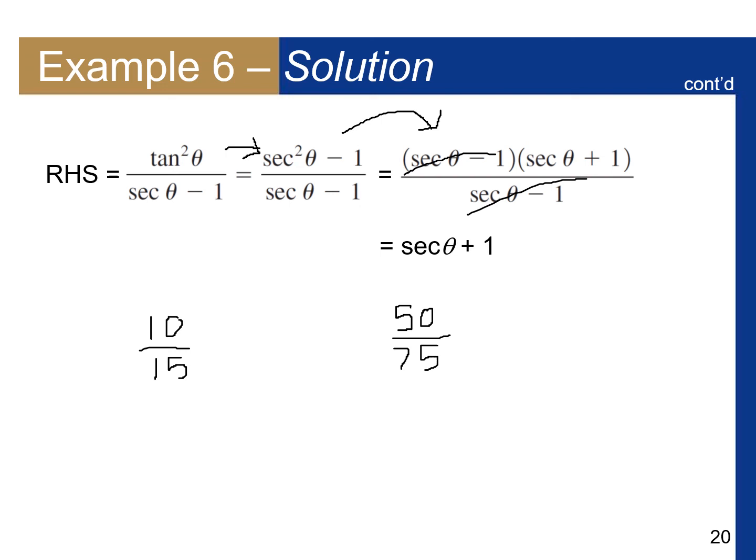Well, the first one will reduce by 5, and I will get 2/3. The second one will reduce by 25, and I get 2/3. So it was easier for me to reduce both of those and show that they're the same than to try to make one of them into the other.